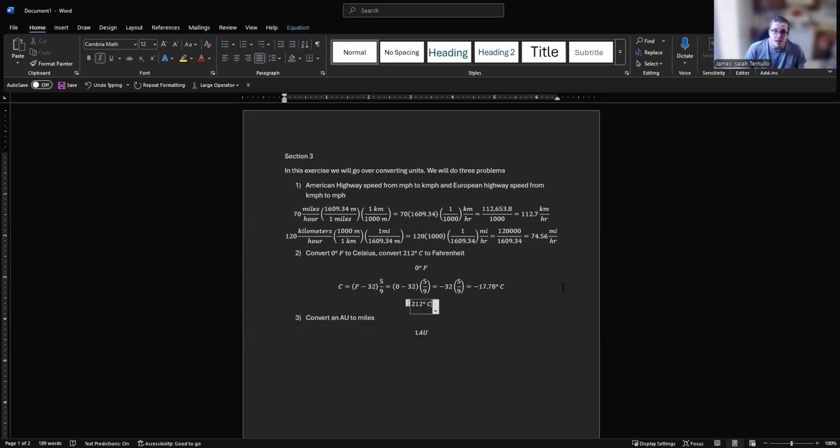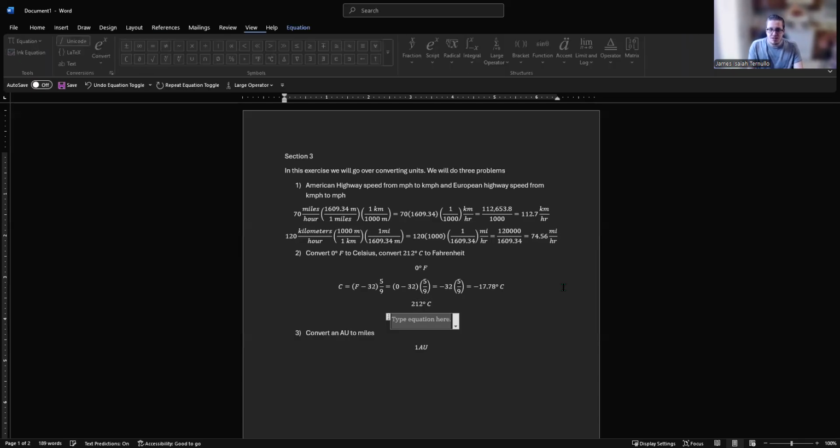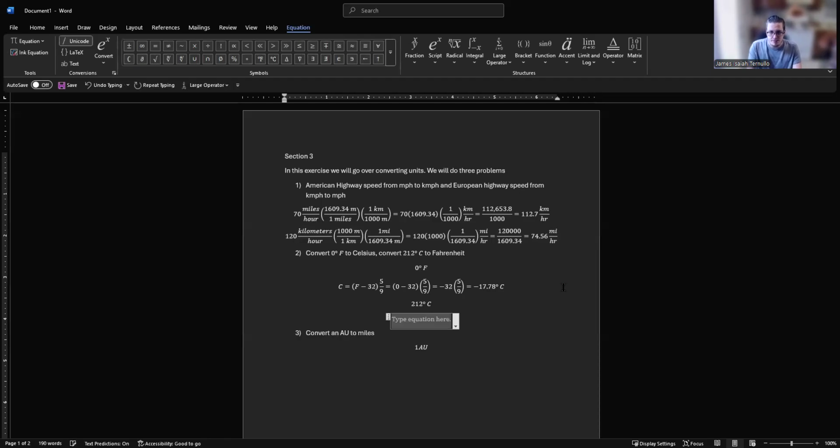All right. And so let's take this the other way. To go from Celsius to Fahrenheit, it's Celsius times 9/5 plus 32. All right, and so if we plug in our C value, we have 212. That's going to be times 9/5.